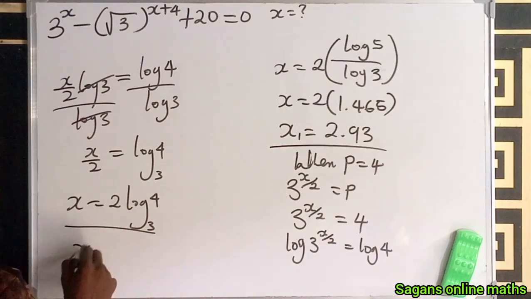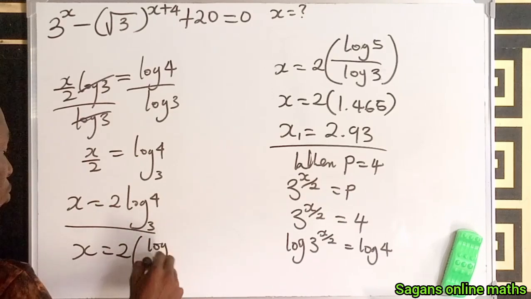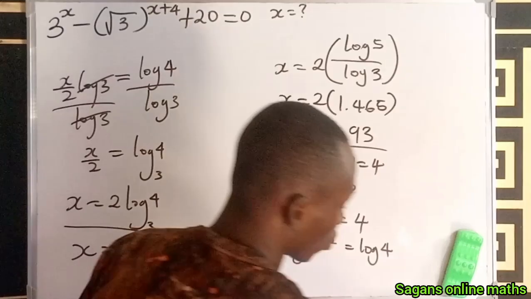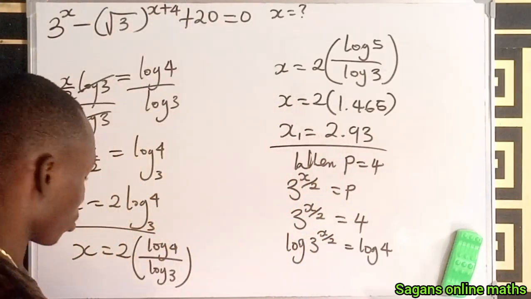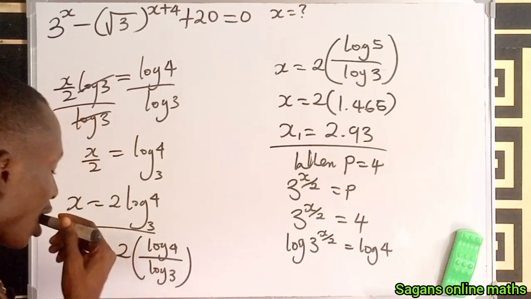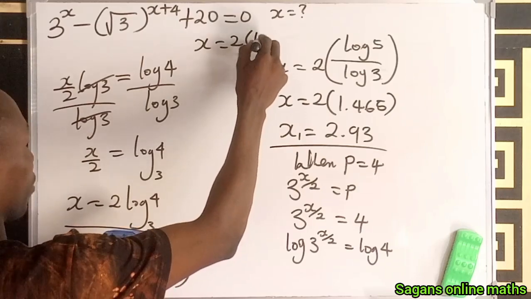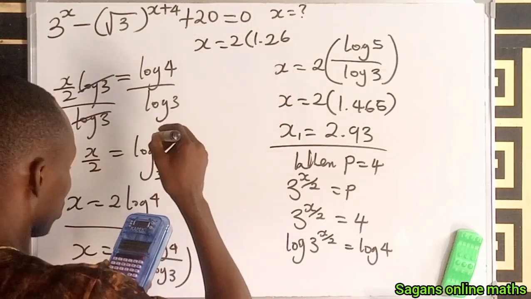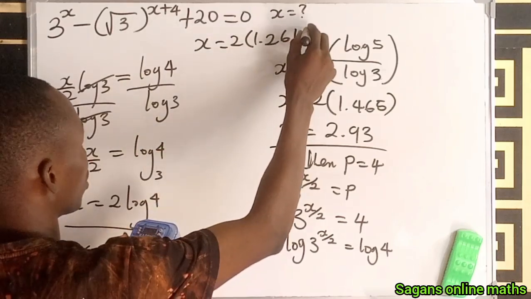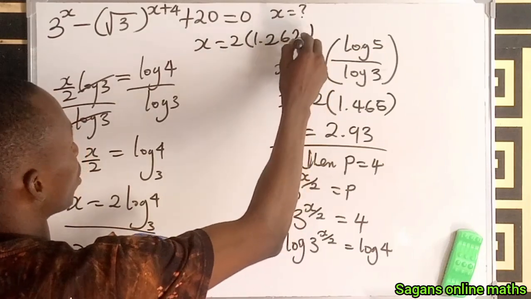Or you can also write x equals 2 into log 4 divided by log 3. So let's do it quickly. I have that x equals 2 into 1.262, let me put it at 3 decimal places, 1.262.